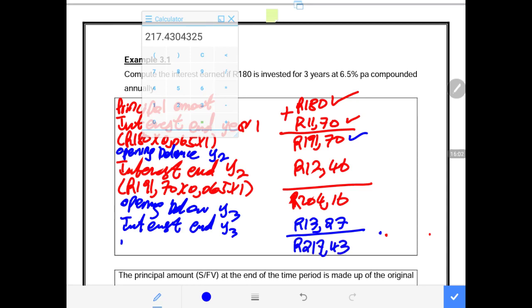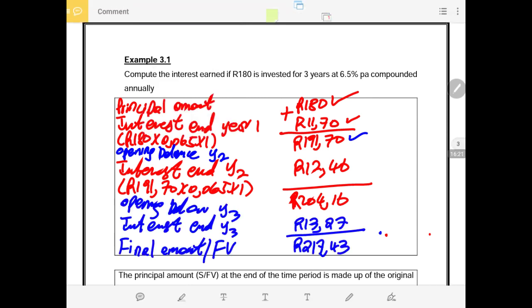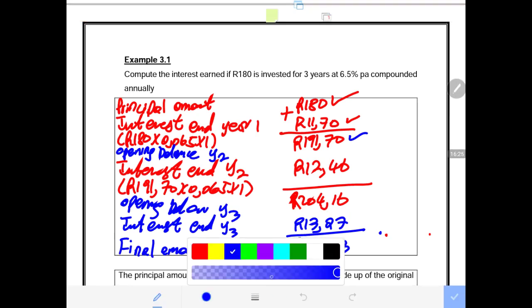This is what we call the final amount. And we know that the final amount can be called future value, which is the value of the investment at the end of the investment period, or at the end of 3 years, which is the scenario we're talking about.